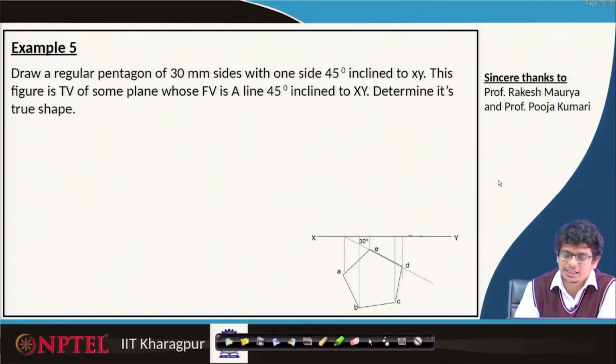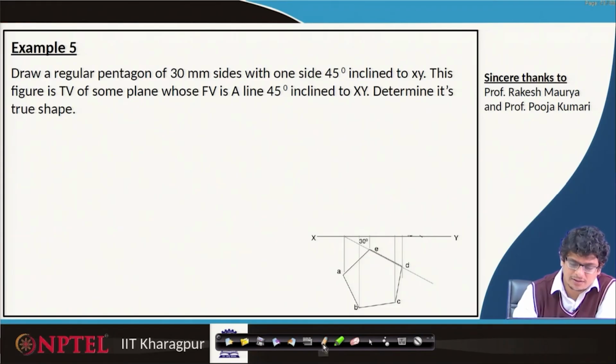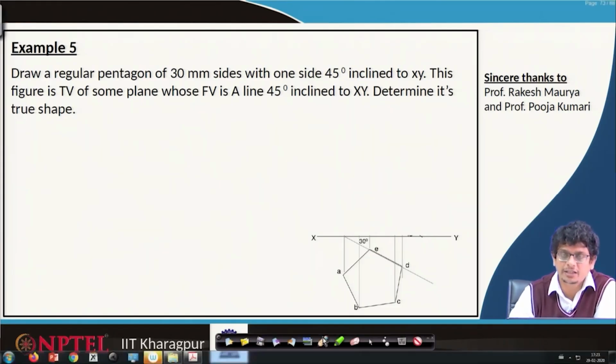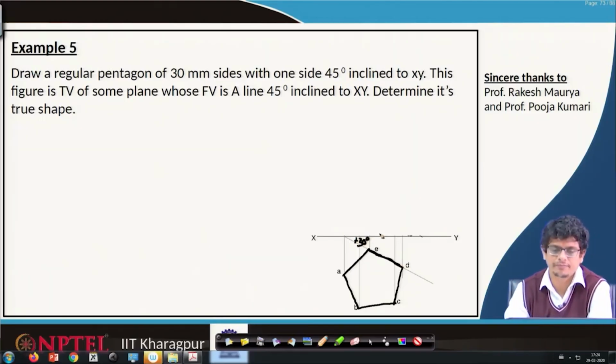If that is the case, first of all we draw a regular pentagon of 30 mm side. So, this is one of the views given with 30 mm side. We draw the pentagon in such a way that one of the sides makes a 30 degrees angle.